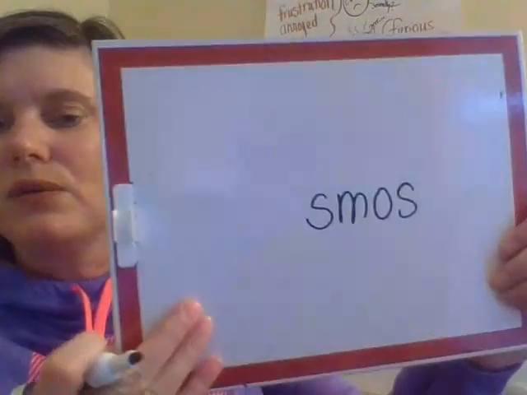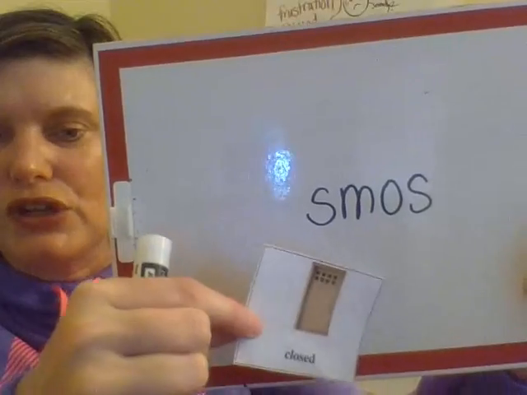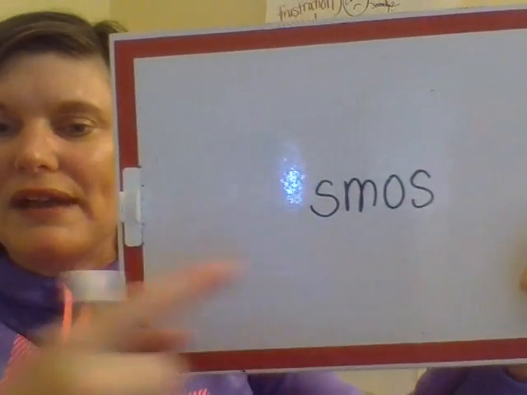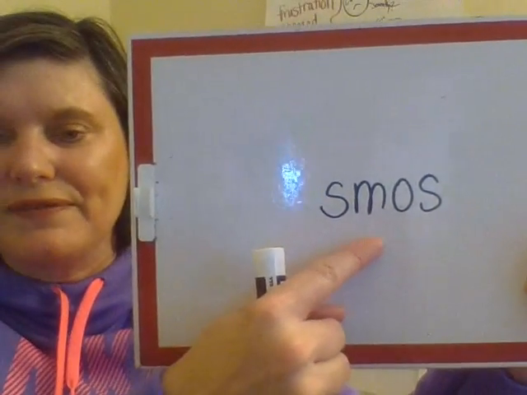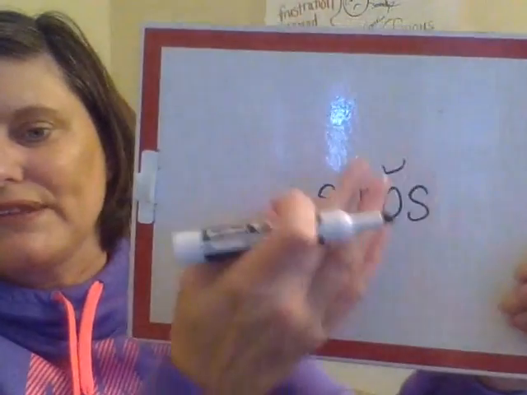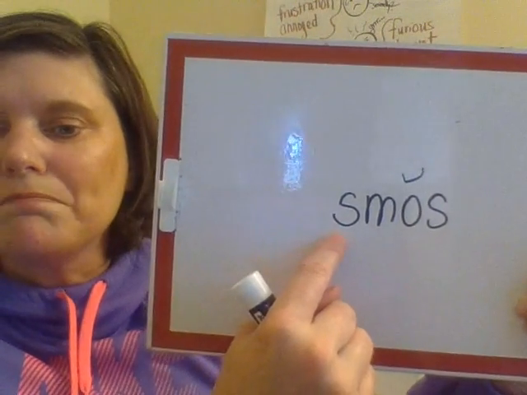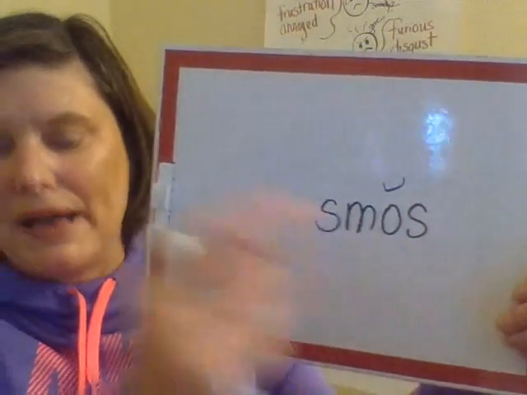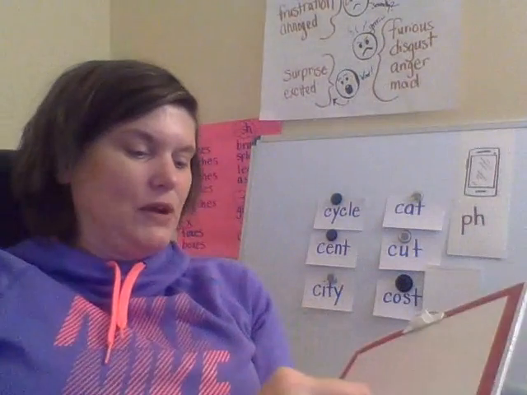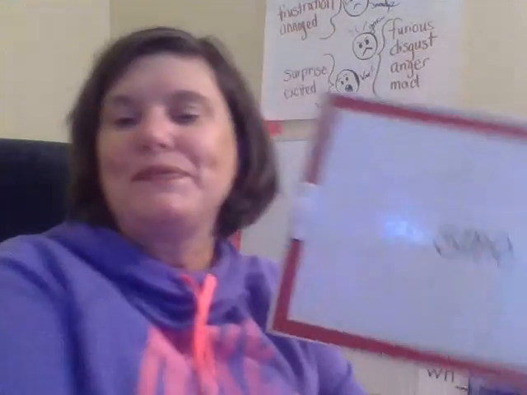Okay. Let's look here. What type of syllable is this? You're right, it's a closed syllable because we have a consonant after the vowel. So this makes it a short vowel sound. And that's a symbol we can use to show the short sound. Smas, smas. Good. Let me erase a letter in our symbol.